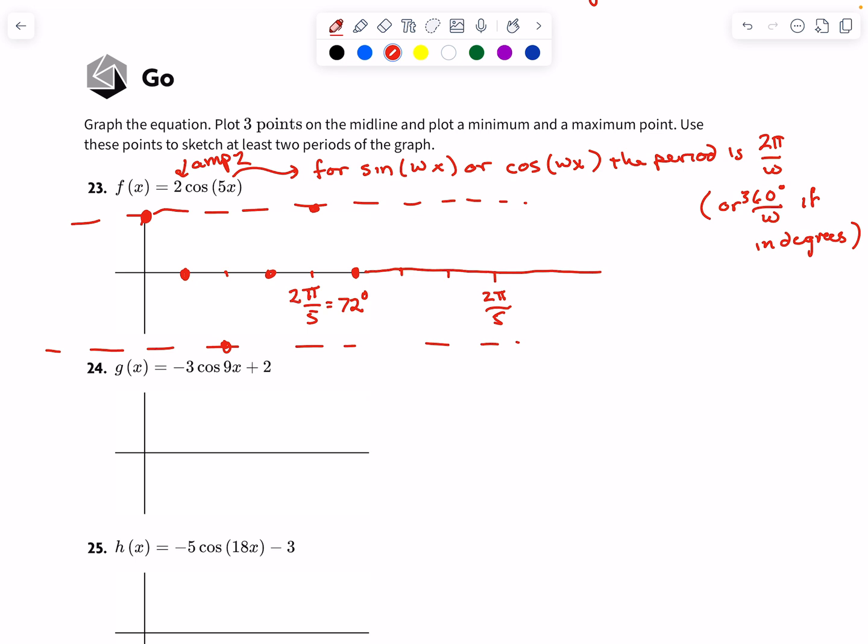Sorry, 2 pi over 5 and 4 pi over 5. What am I doing? I'm not going to do the whole thing, but we said do 2 periods. So 2 pi over 5 is 72 degrees. And that's for 1 period.